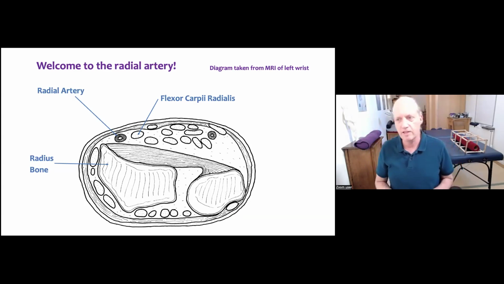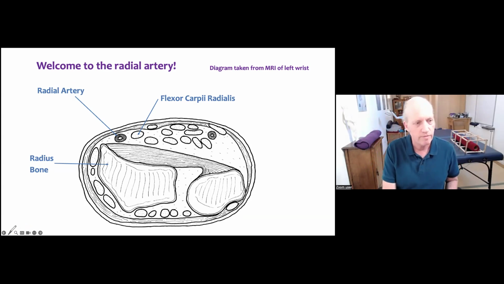So let's have a closer look here at what you can feel. So here is the actual artery itself in blue. We can usually easily feel the structure. Should really make it red. Okay, there's the artery.